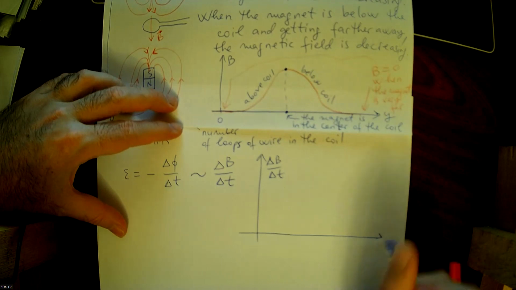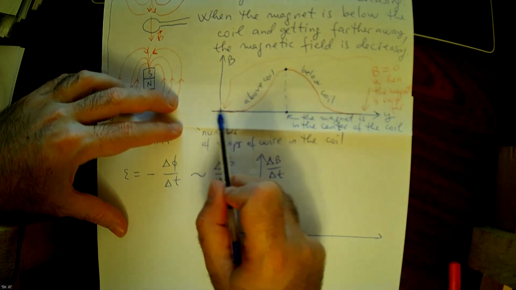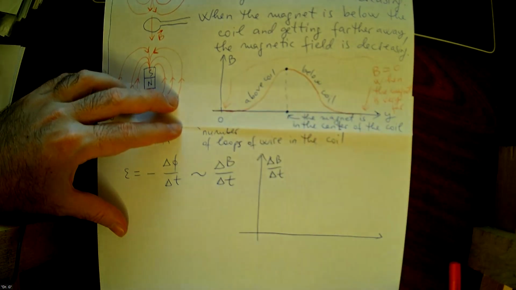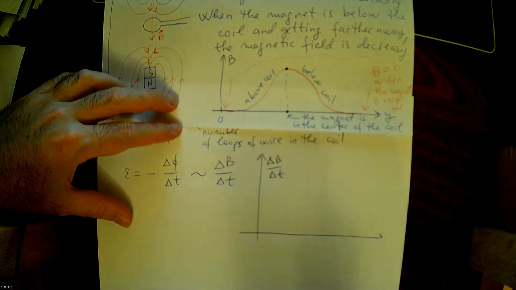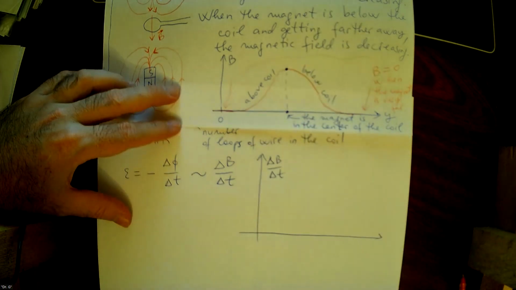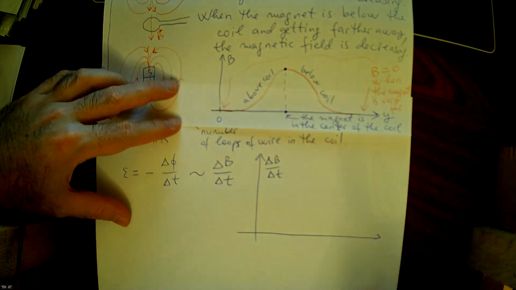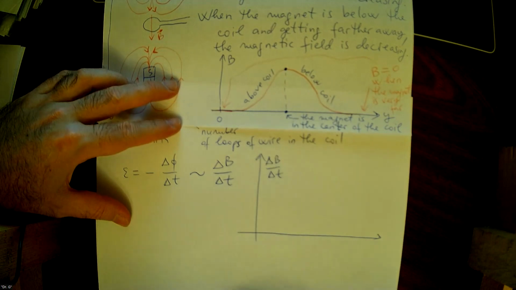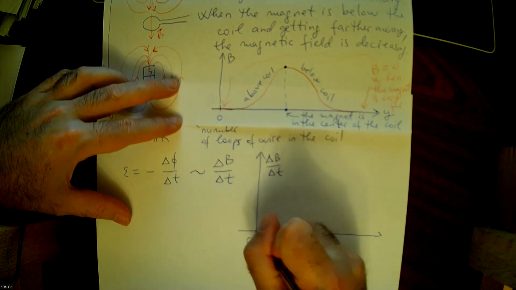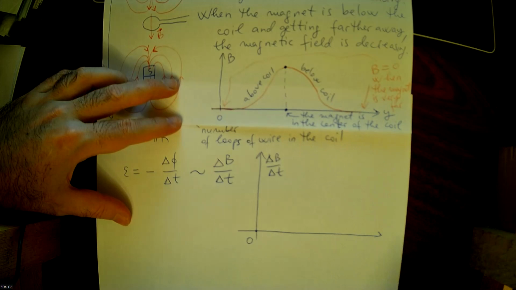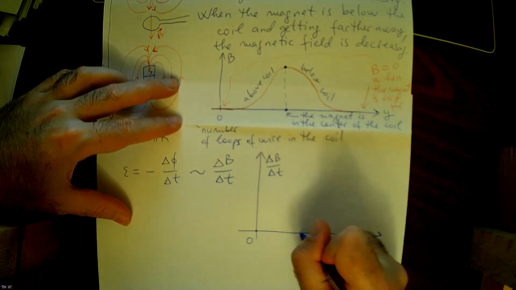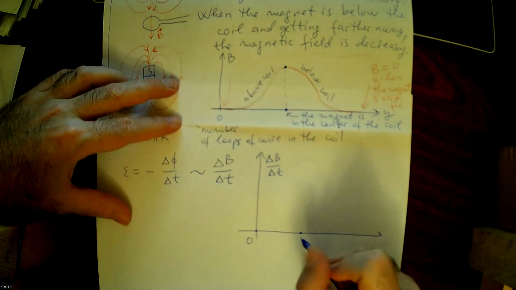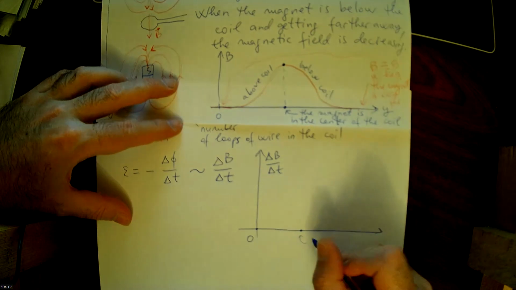At the beginning, that's 0. And then at this point, when the magnet is in the center of the coil, it is again 0.